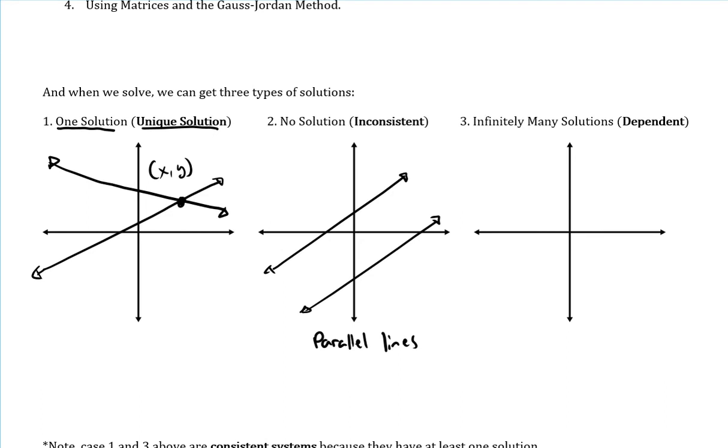And then our third case is when we have infinitely many solutions, which we would say is a dependent system. Let me just go ahead and draw a random line. Infinitely many solutions occur when we have one equation, and then the second equation happens to actually be the same, so it just goes right on top of it. Because this goes on forever, you can put as many dots as you want.